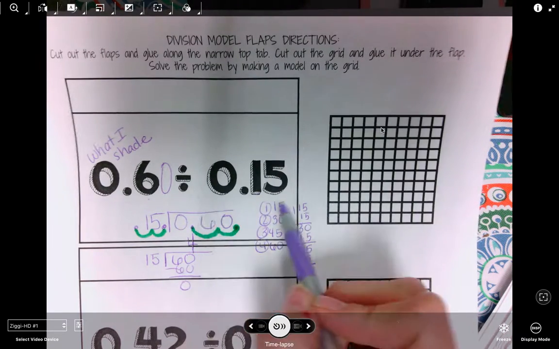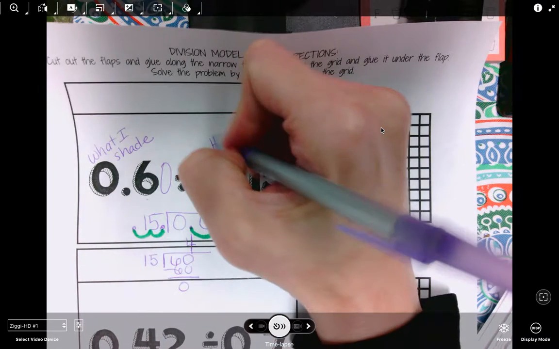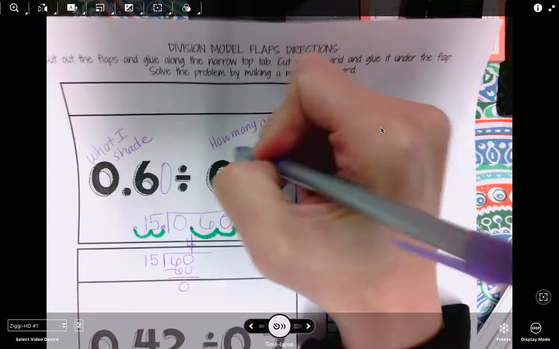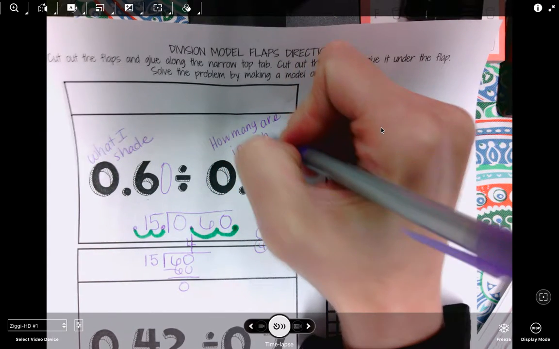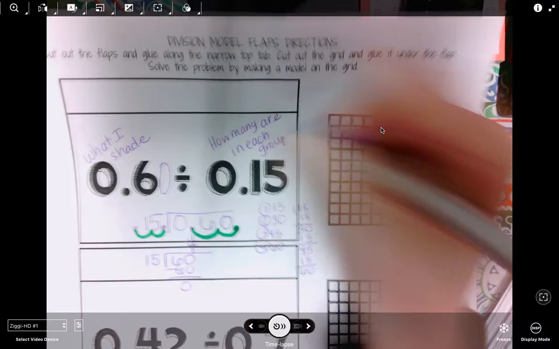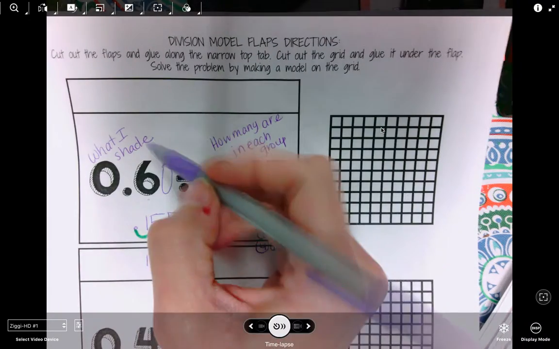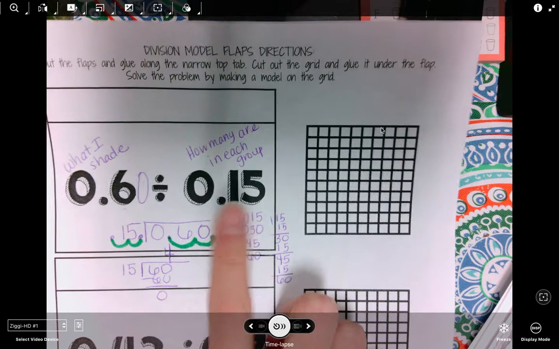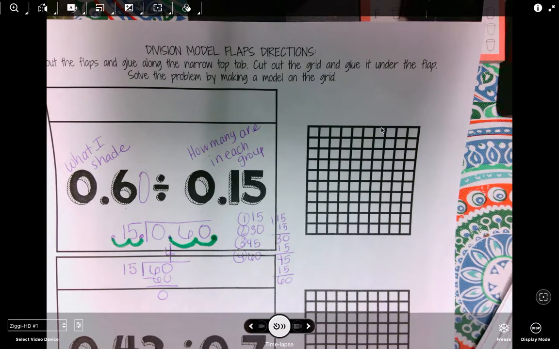And then our divisor, our 15, tells us how many are in each group, okay? So the first one tells us how many we shade, and then the second number, our divisor, tells us how many are in each group.